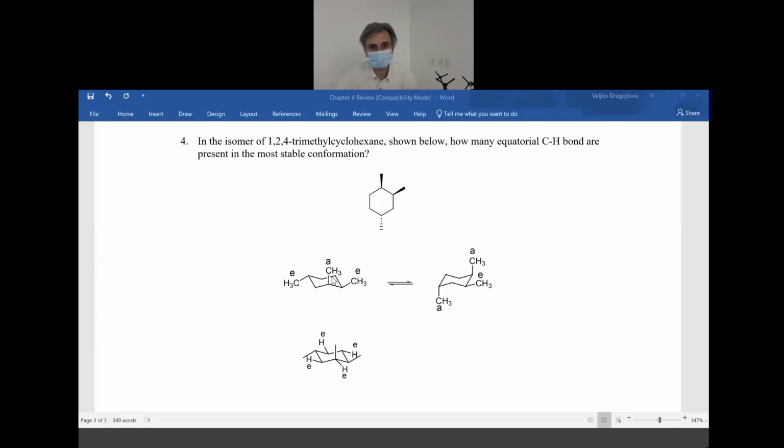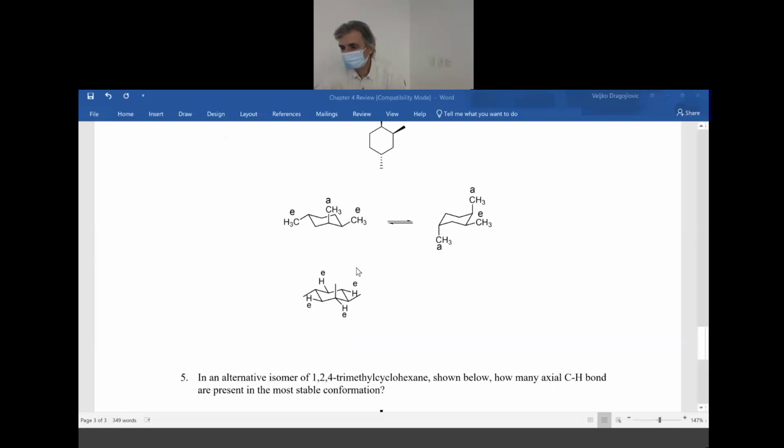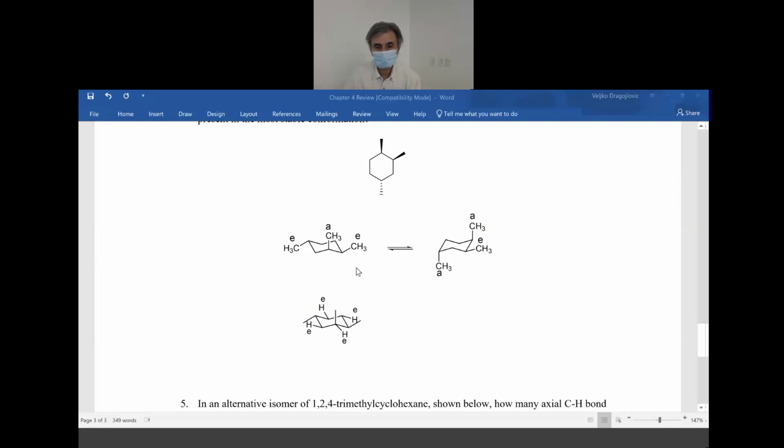And so how many equatorial CH bonds are present in the most stable conformation? There are 2 ways to look at it. One is once you have identified the most stable conformation, shown here on the left, you know that there are 6 axial and 6 equatorial carbon-hydrogen bonds in cyclohexane. So each substituent will reduce those bonds.